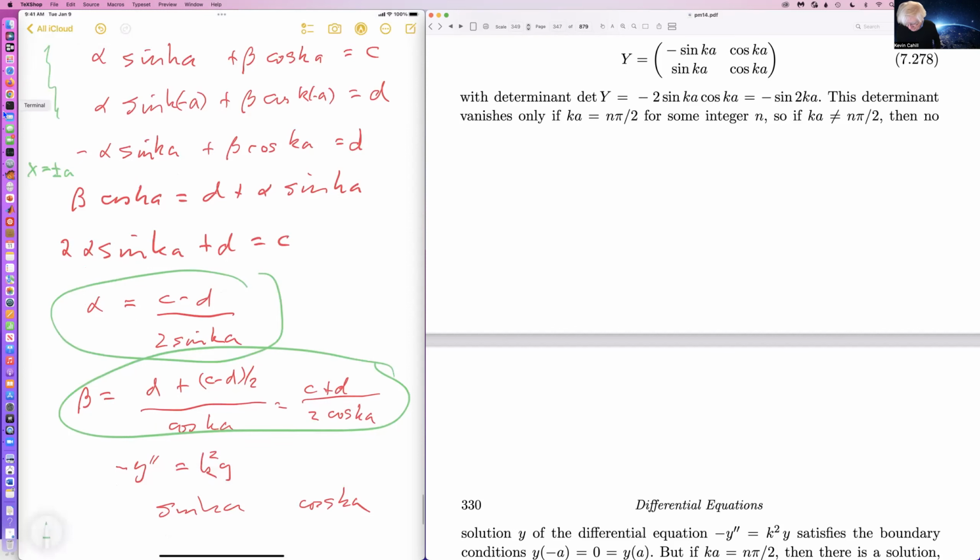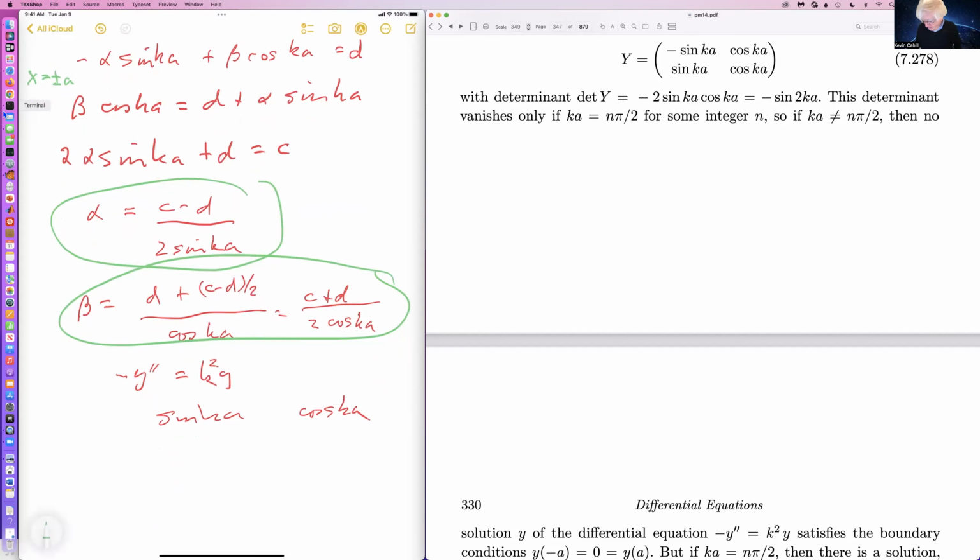So this is an example of how for a second order differential equation, two boundary conditions give you a unique solution. And no matter what C and D are, we always have a solution.